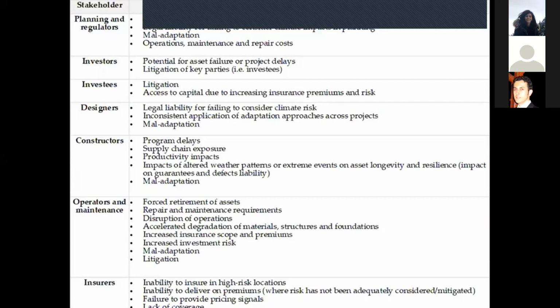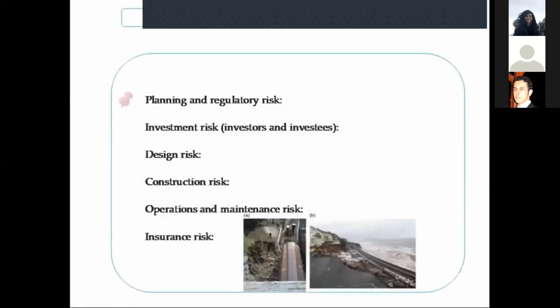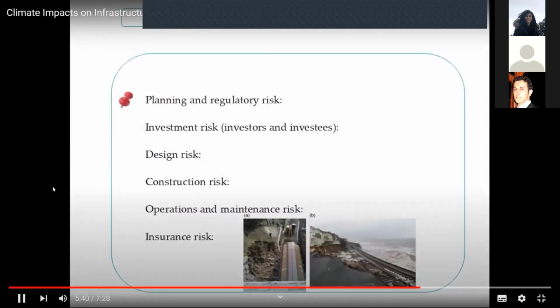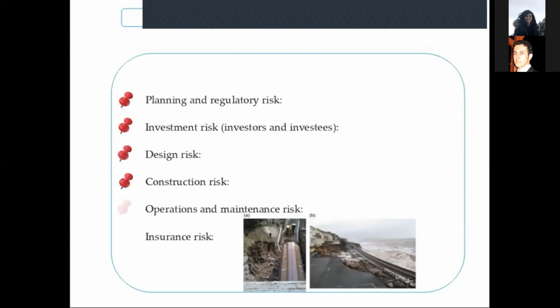And we can see the risks that are associated with these stakeholders. Climate risks in the infrastructure asset life cycle can be seen in planning and regulatory risk, investment, design, construction, operation, and maintenance, and also insurance risks.